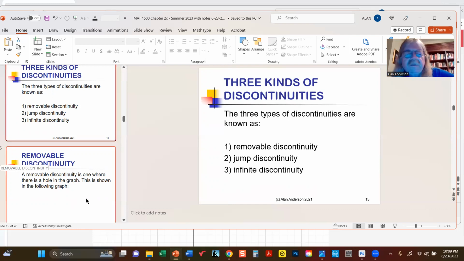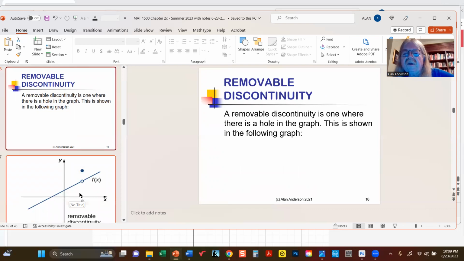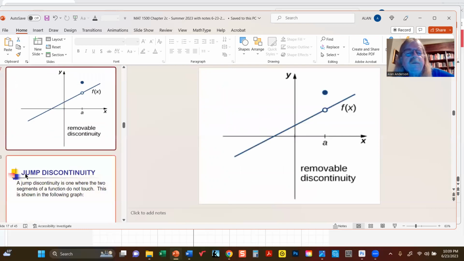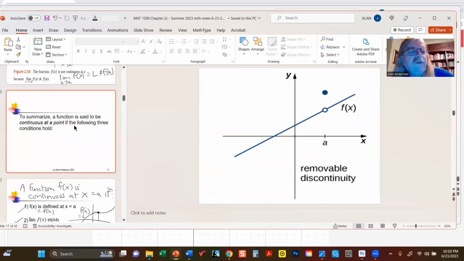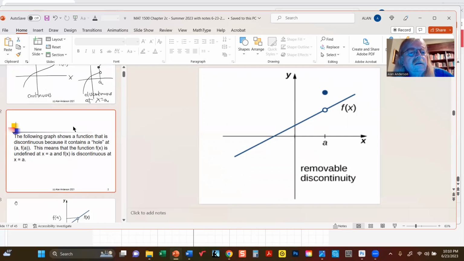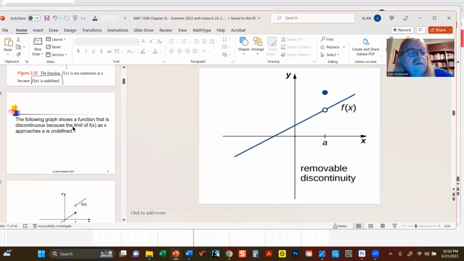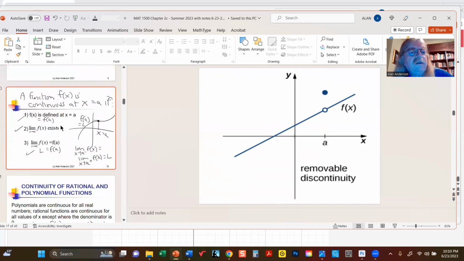So removable means that we just have a hole. Like we've seen this one before. This is a removable discontinuity. So there's a gap here. Actually, you know what I'm going to do here? Let me go and get the 3 requirements back, just so that we can refresh our memories as we go along. All right, here we go.